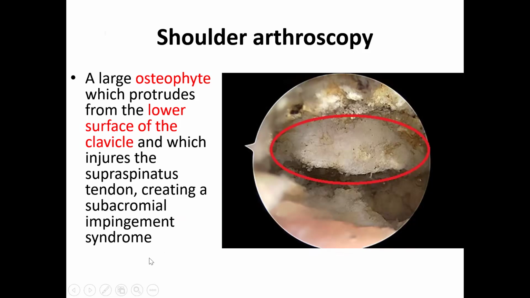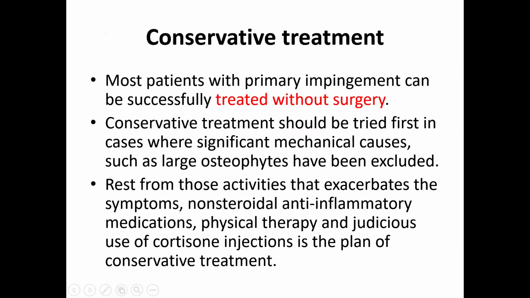Large osteophytes which arise from the lower surface of the acromion and injure the supraspinatus tendon, creating a similar pain syndrome, can be seen through arthroscopy, and not only seen and diagnosed through arthroscopy, but can also be treated through arthroscopy.